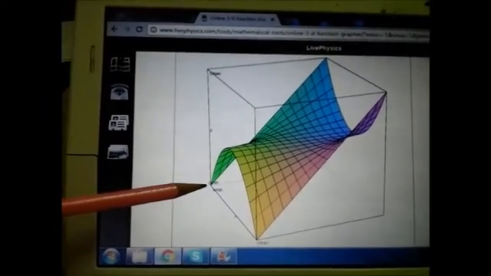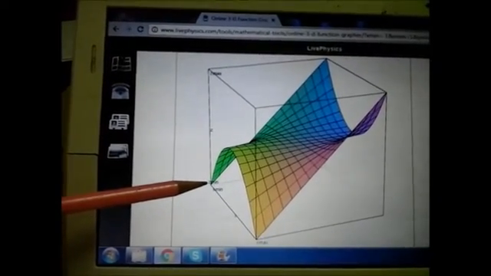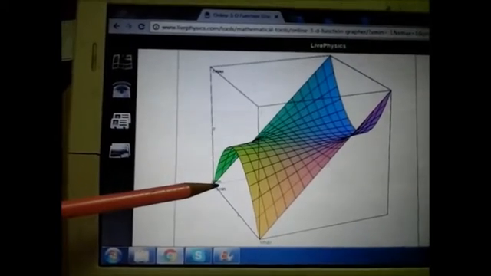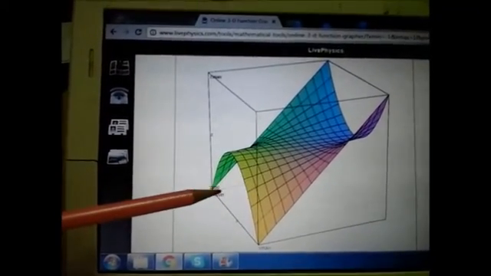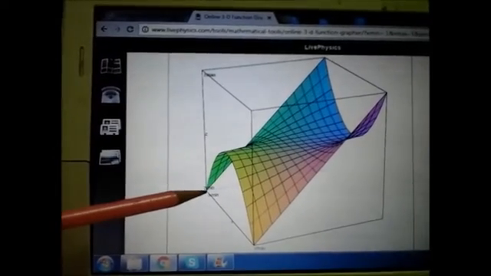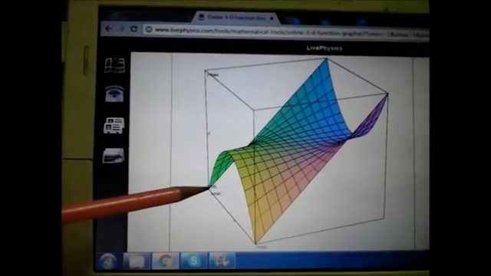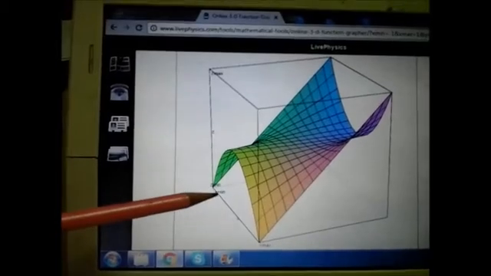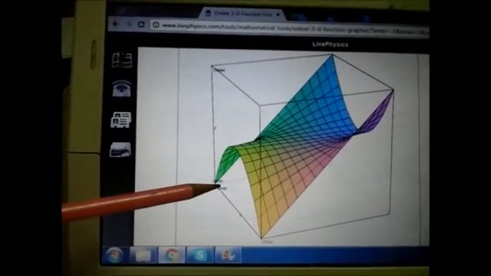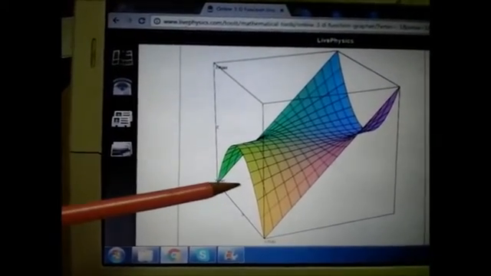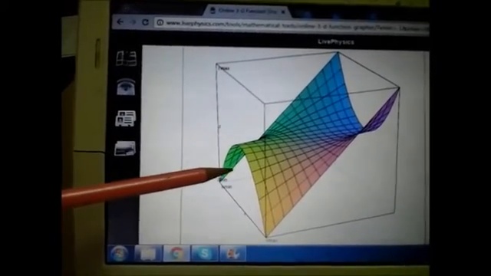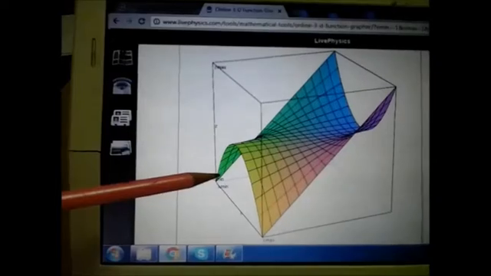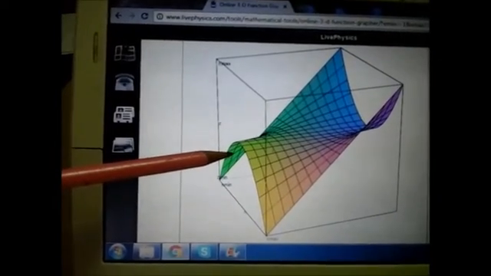What we want to do is find the gradient at that point as we move away in this direction. This is the y-axis, this is the x-axis, and the direction vector was (1, 1), so that would move away at a diagonal. As we move away from this point diagonally, what's the gradient doing? You can see it's rising up there quite steeply.